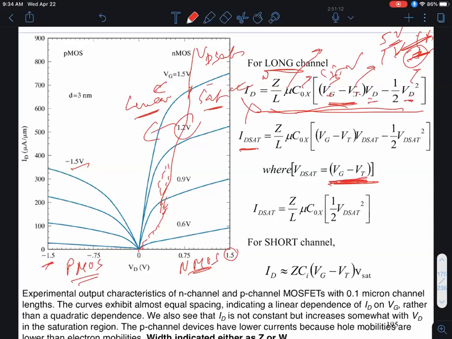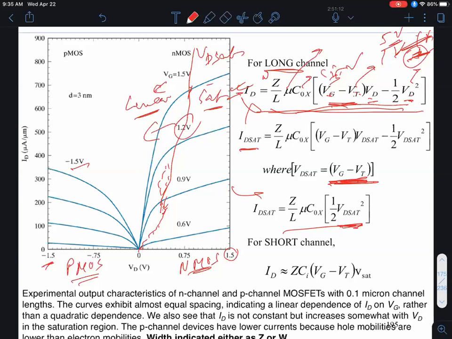So instead of this, I have to use VD sat squared over 2, or VG minus VT squared over 2. That's really a common error. So in the exam or homework, make sure that you know which region I'm operating in. If you choose the wrong expression, I'll penalize you in the exam.